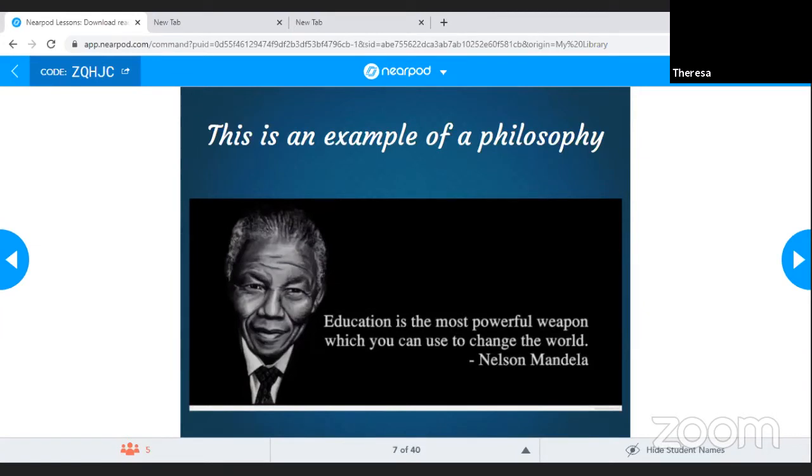Now, I'd like to change this a little bit. If you look at the word weapon, it has some negative connotations. In my opinion, I would like to substitute that word, if I may. I would like to think of education as the Wi-Fi password of the future.